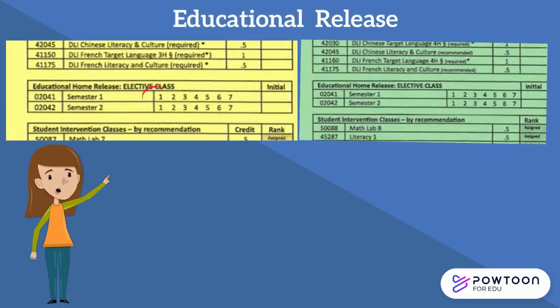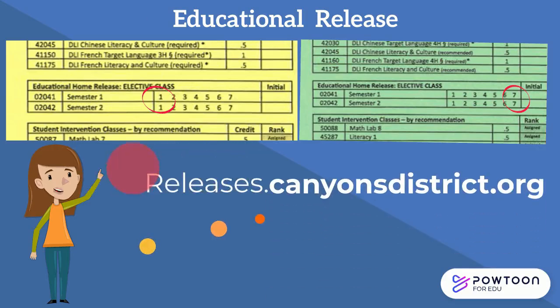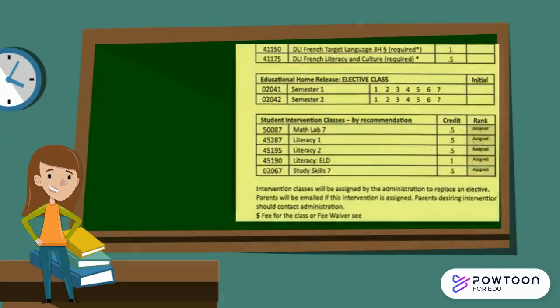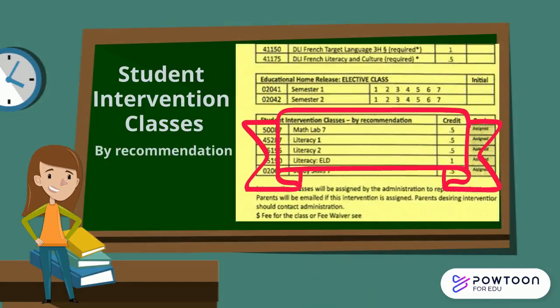Educational release will only be granted after you have filled out the district required form at releases.canyonsdistrict.org. You must mark educational release on your registration card and fill out the district form. Below educational releases are student intervention classes. You don't need to worry about that section right now.